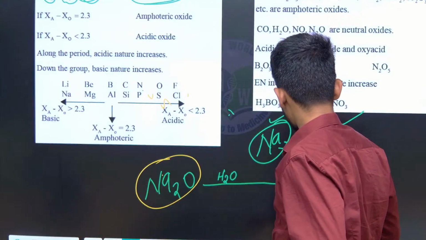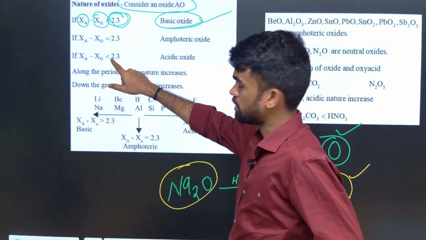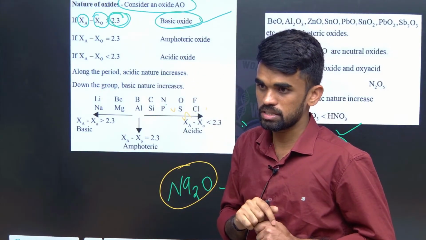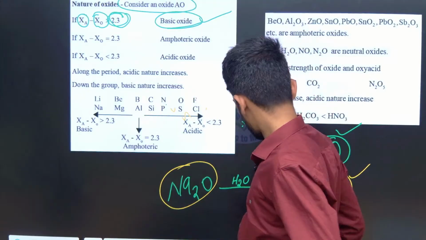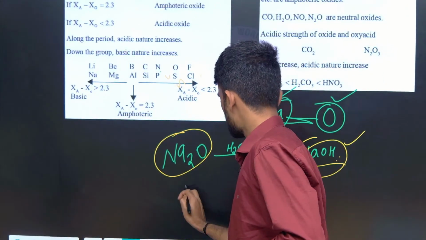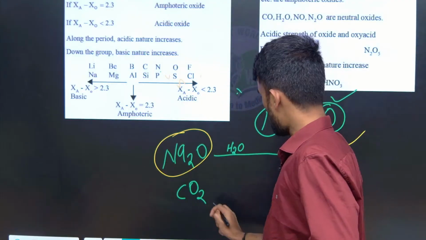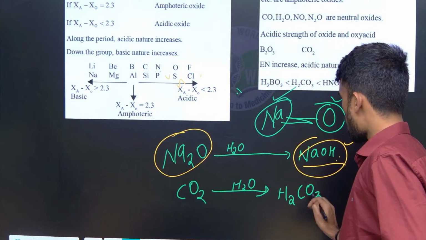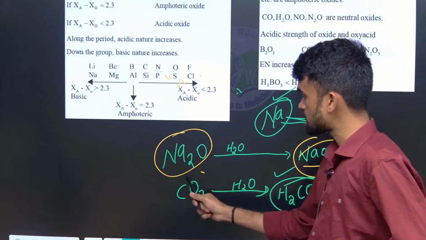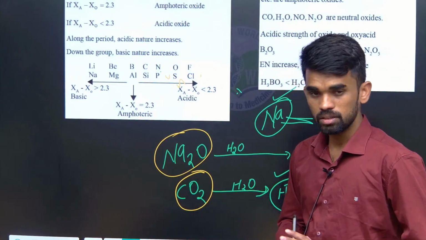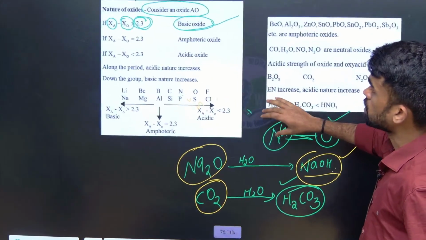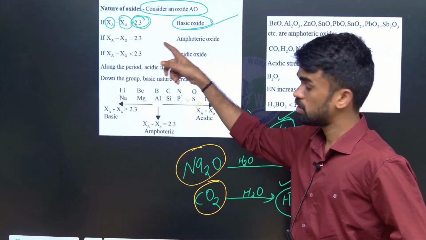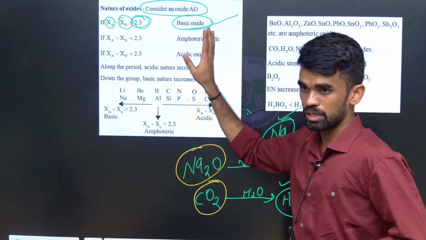Now if the electronegativity difference is less than 2.3, then non-metallic oxides are acidic oxides. For example, carbon dioxide upon hydrolysis produces carbonic acid, which is acidic, so the oxide is called acidic. Clear? A few elements like aluminium oxide will be amphoteric in nature.